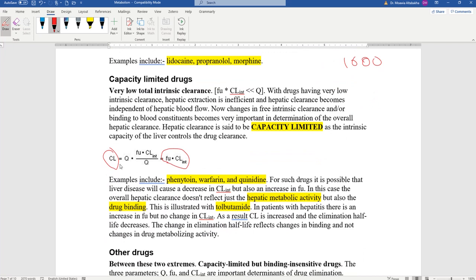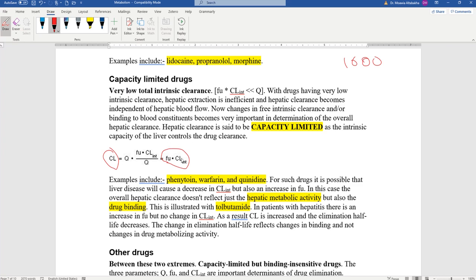Examples of the drugs that belong to capacity limited drugs are phenytoin, an anticonvulsant, warfarin, an anticoagulant, and quinidine, which is given for heart condition, an anti-arrhythmic. Now these drugs belong to capacity limited, their extraction ratio is small.